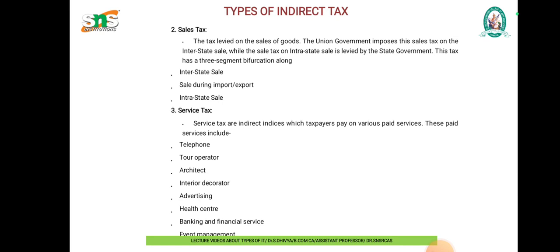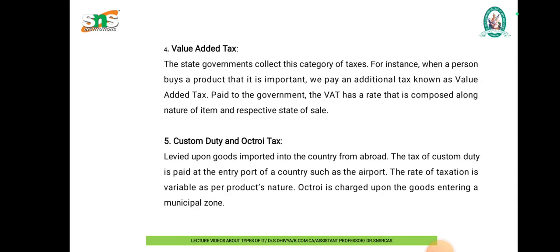Next is sales tax, the tax levied on the sale of goods. The union government imposed this sales tax on interstate sales, and intrastate sales also. Service tax is levied on services like telephone, tour operator, architecture, interior decorator, advertising, healthcare, and so on.